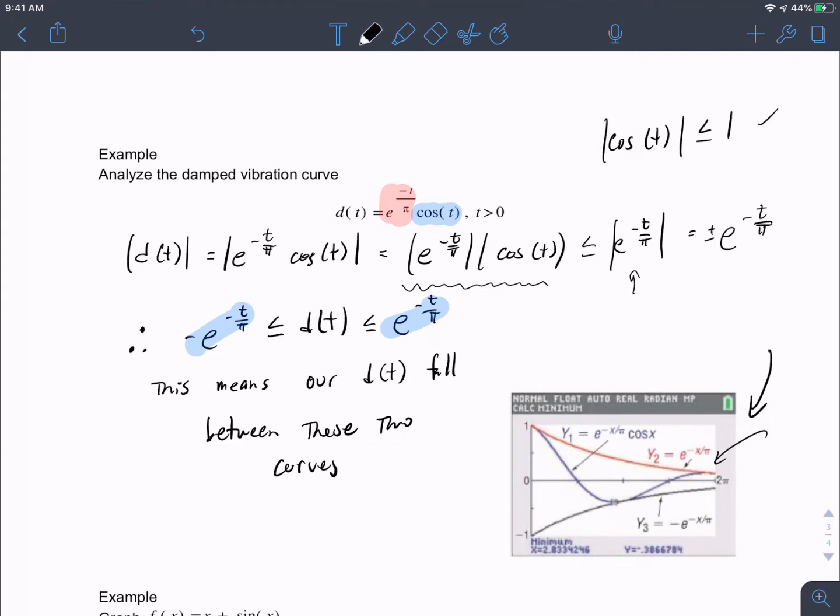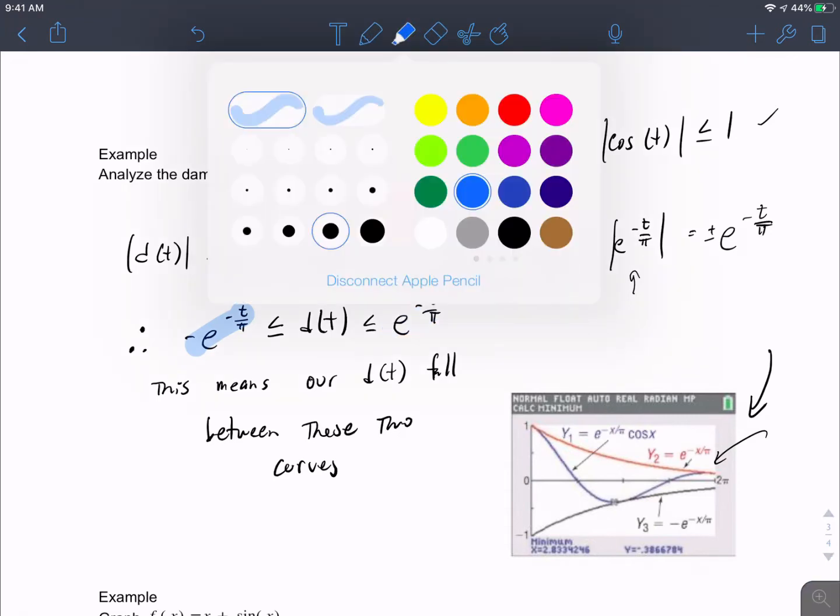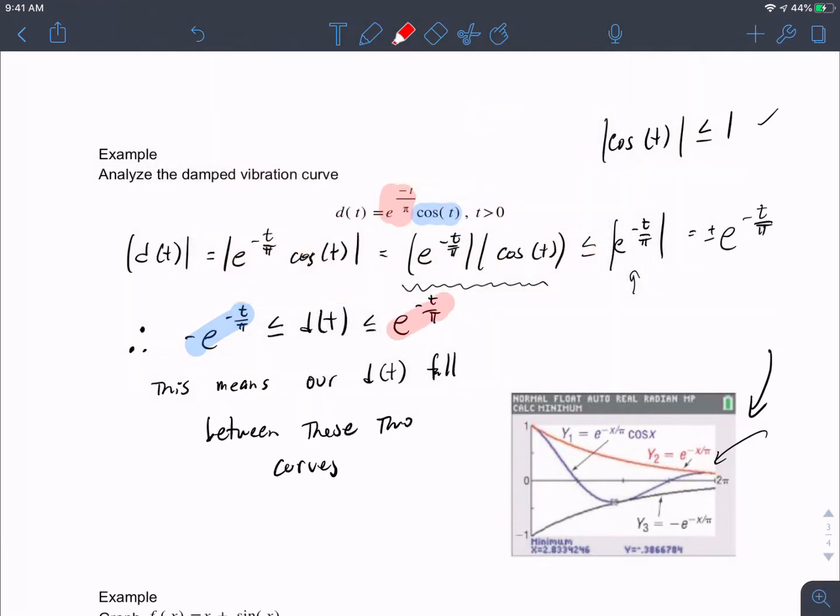The red function, which is the positive case. In fact, I'll do that so you guys can see. I'll make this red. That's the positive, and the black one below is the negative case, which I have over here in blue. And then we see that the function is actually falling in between those two curves. So it's bouncing back and forth between those two curves.